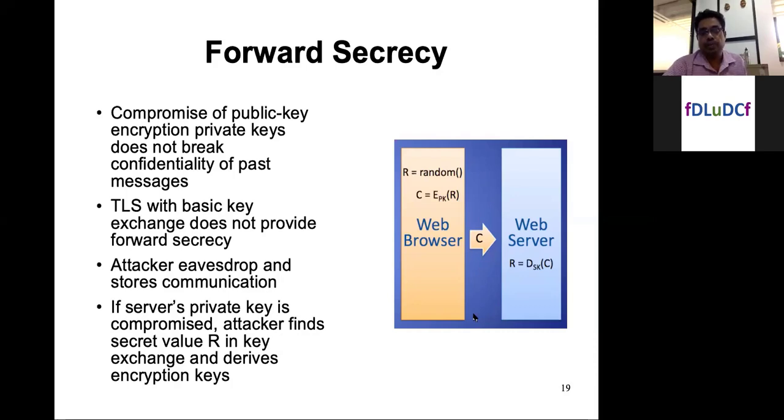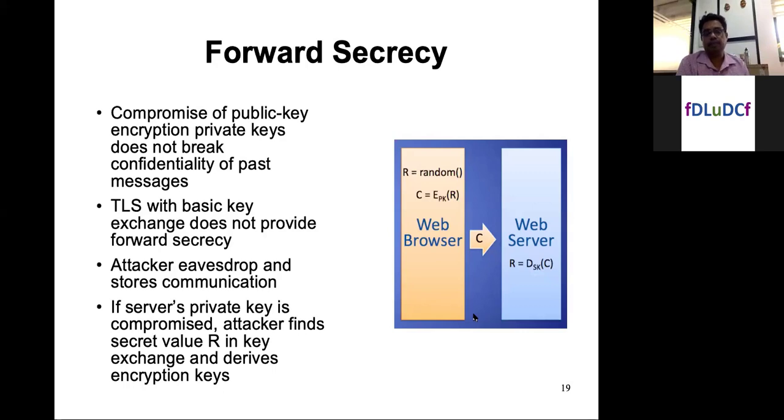That is the forward secrecy problem. If any system provides forward secrecy, its past communication should not be decryptable in the future. If we have a way to decrypt the past communication in the future, then we say it does not provide forward secrecy.